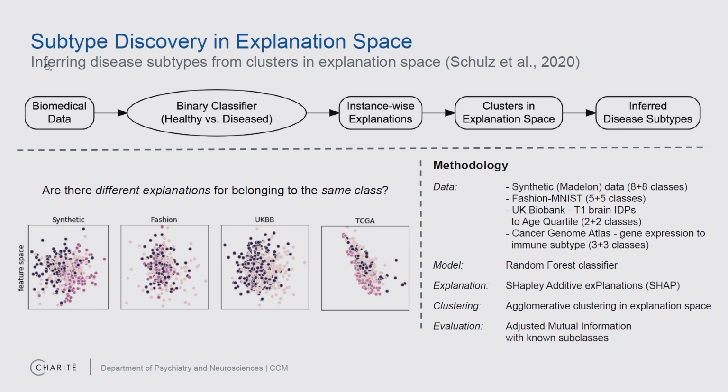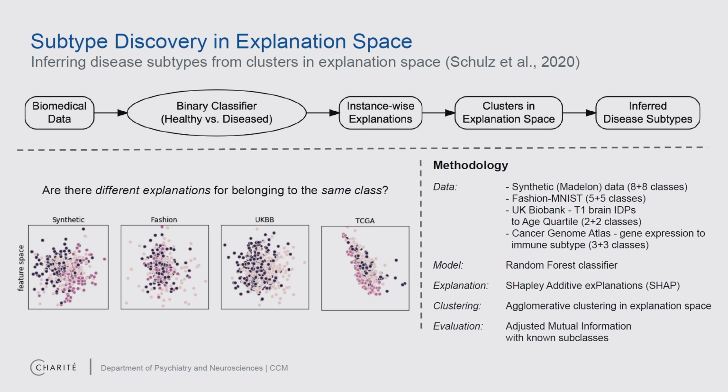So let's say we have biomedical data, let's say T1 data, and we are building a classifier, a diagnostic classifier for a certain disease, let's say Alzheimer's disease, right? So we have that classifier, we pass all our images through to the explanation space, and the idea is then to cluster in explanation space.